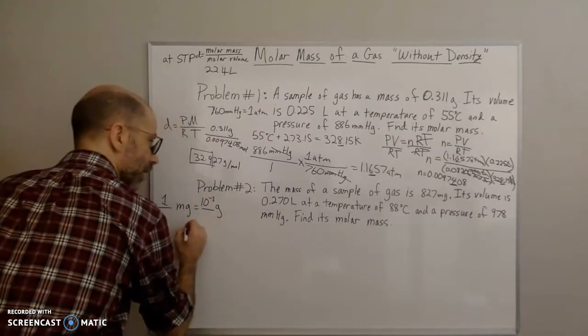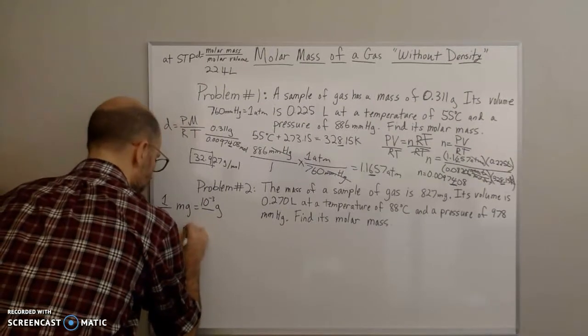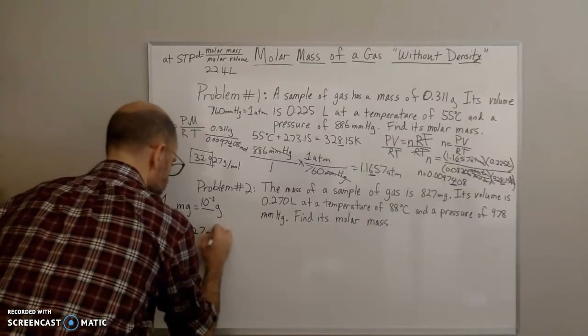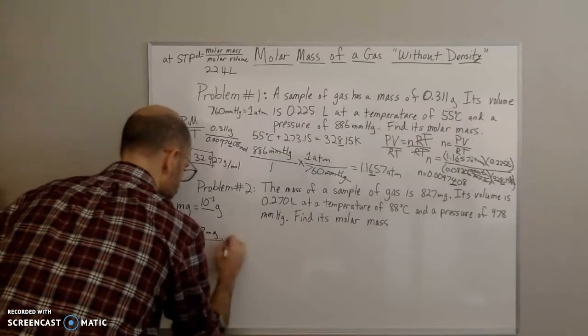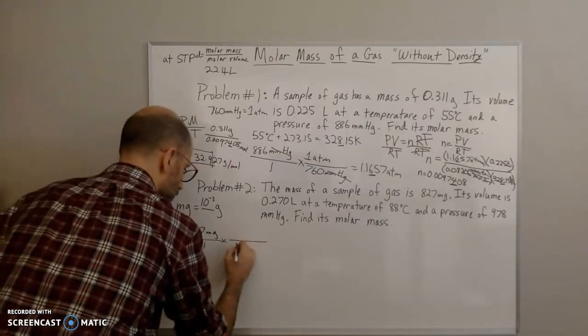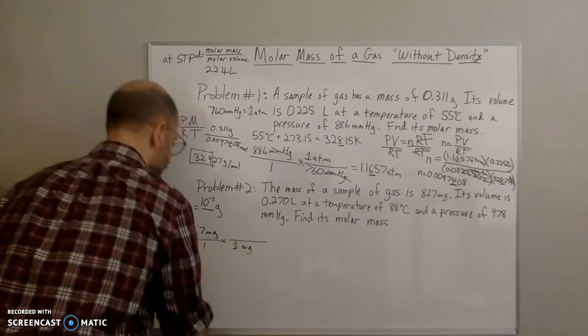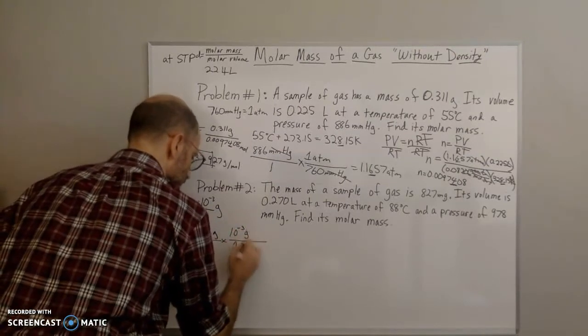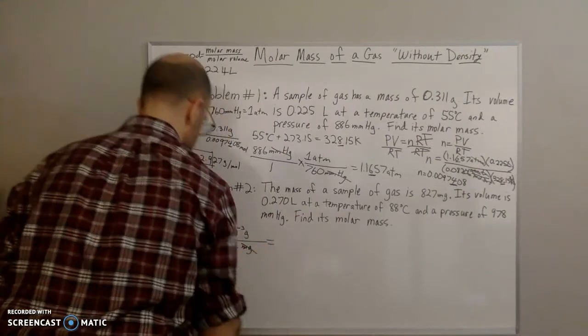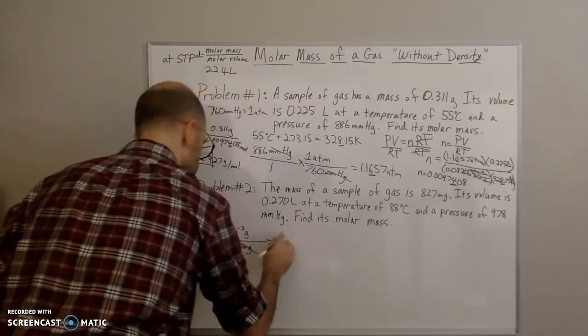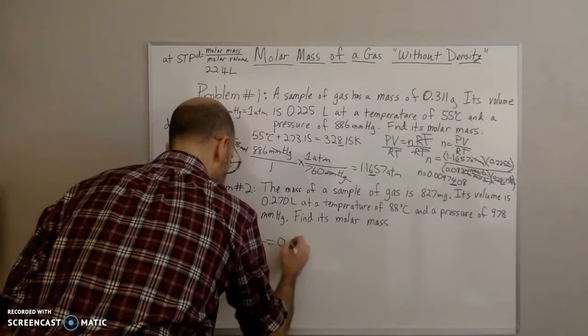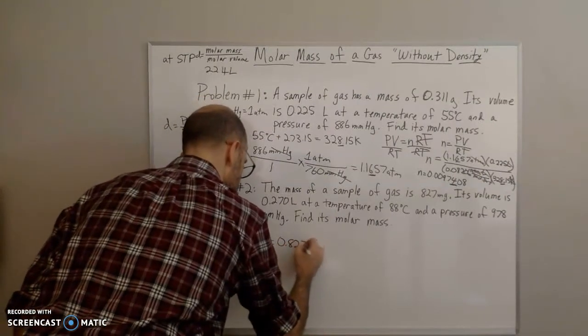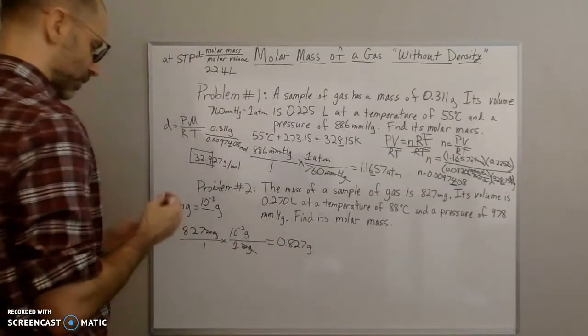So if I calculate, that's going to be 827 milligrams over 1 milligram on the bottom, and then I have 10 to the negative 3 grams on top. Milligrams cancel out, and that's going to give me 0.827 grams of this gas.